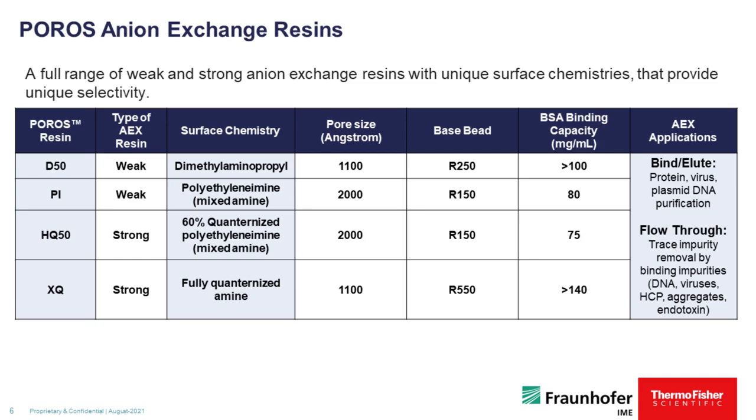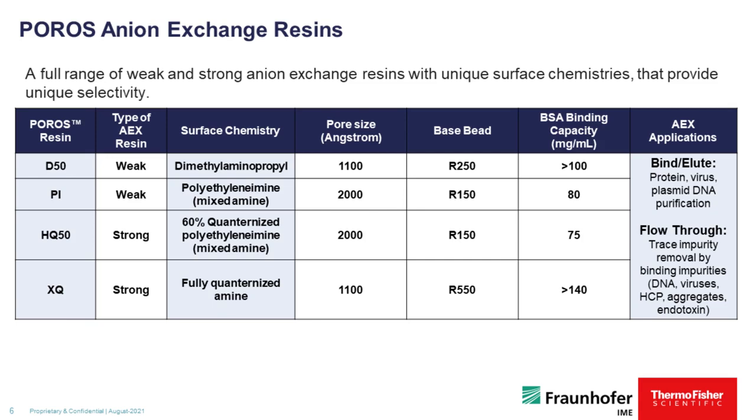Our H2 resin, which is the third one on the table, has both weak and strong AEX capabilities in that it contains 60% quaternized polyethyleneimine and 40% primary, secondary, and tertiary amines. So it has weak and strong AEX capabilities. And lastly, our HQ resin is a more traditional strong AEX resin, and this contains 100% fully quaternized amines.